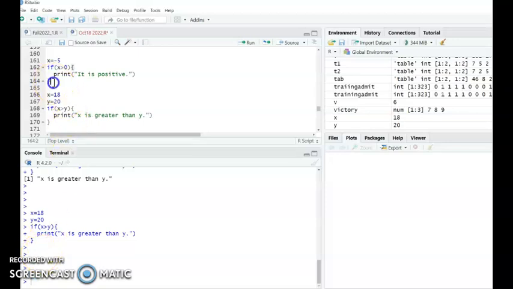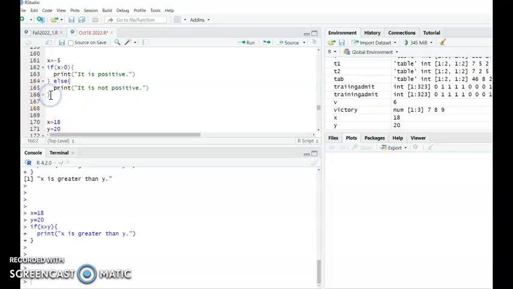So let's just continue working on the code that we already have ready. Here we have x, we give some initial value. If x greater than 0, print it is positive, and we continue with else. I just put else, there is no need for any condition, and just statement 2, that if it is greater than 0, I say it is positive, and if it is not, I will say it is not positive.